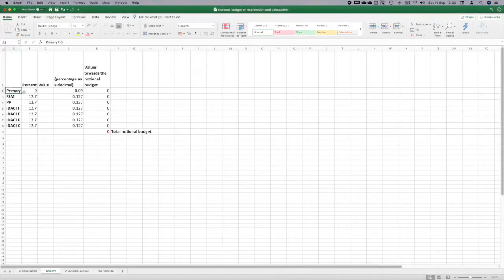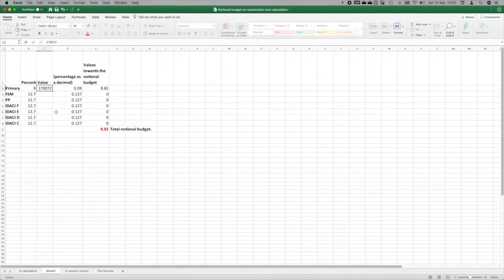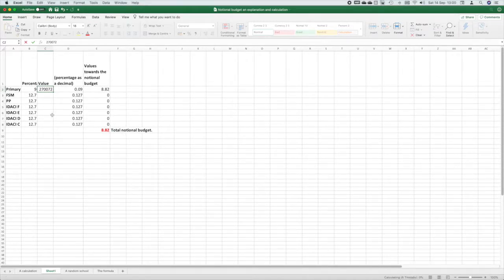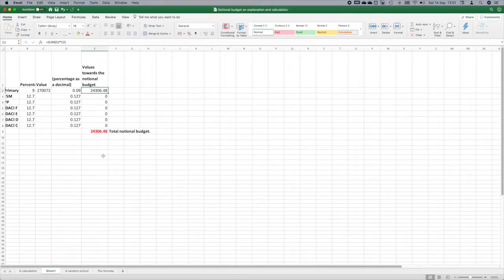So we had our bum on seat money, it was 9%. We had 98 pupils, but they're each being funded at £2,755, whatever it is per pupil. That is £270,072. And if I just press my down key, that is therefore going to contribute £24,306.48 towards our notional budget.